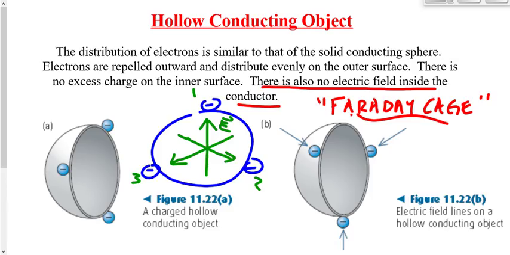And the reason it's 0 is because it all cancels out as a result of the distribution of charge on the outer surface. If there's no electric field, you can't be hurt, right? You can't be affected by electricity if there's no electric field. Does that make sense? Yeah?